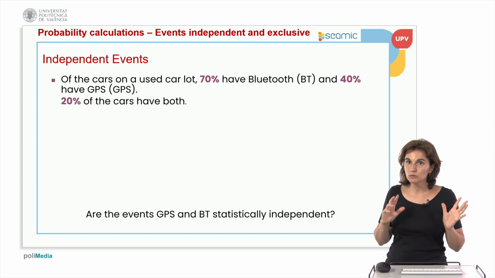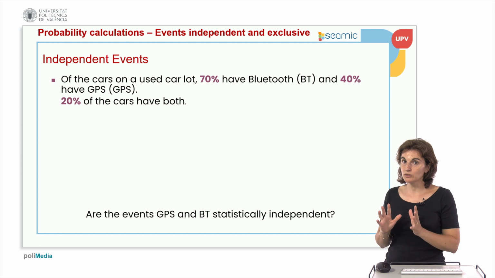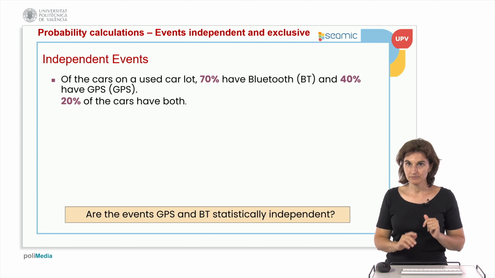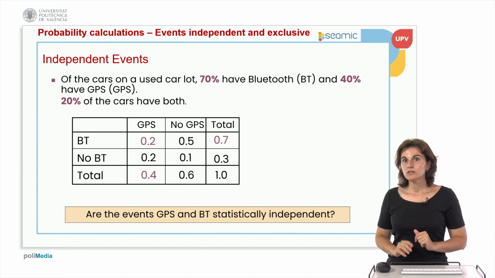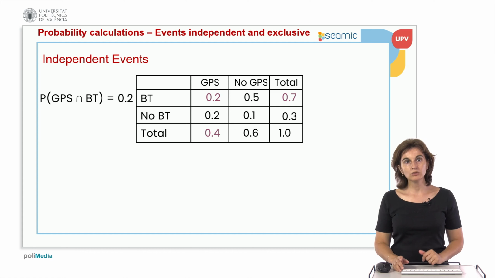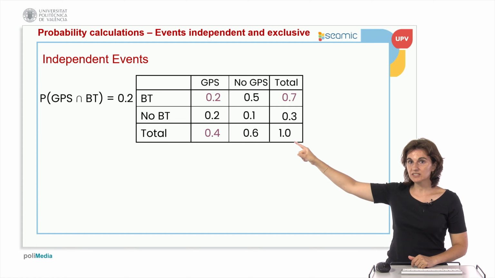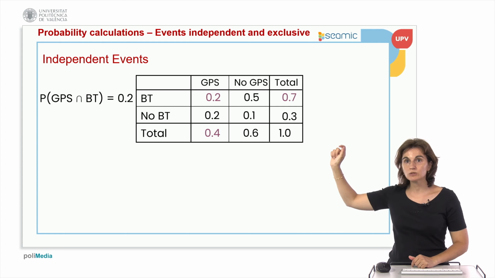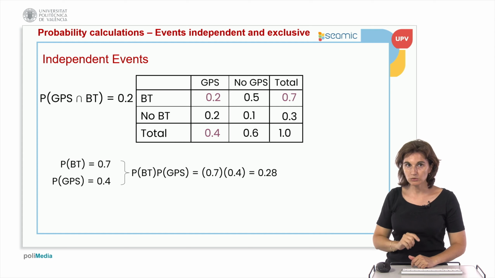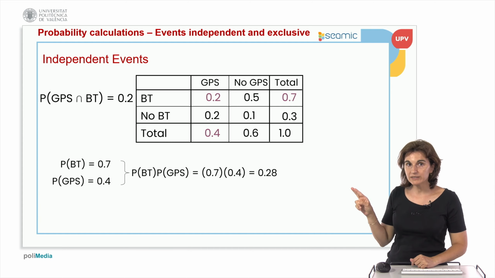Maybe we have an opinion about that, but remembering the data that we reviewed before, you may have an idea of what the result will be. So, this was the cross table we built in another video. What we need to do is check whether the probability of the joint intersection between both events, which was, by the way, 0.2, as you remember, equals the product of marginal probabilities.